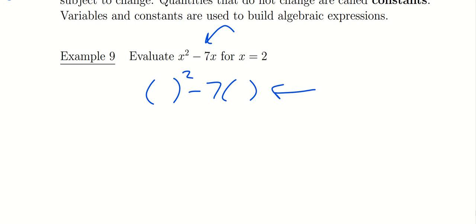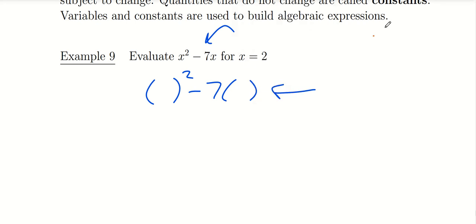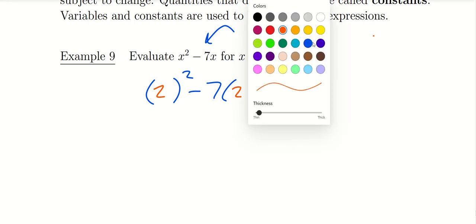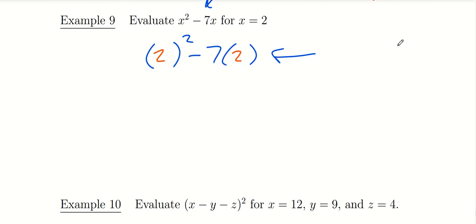And if I do that, then by putting those parentheses there, I now have a location to plug my value into. So everywhere I saw an x from before, I'm going to plug in the number 2. If you get into this habit, this substitution step will help you a lot, especially if you have things that have a lot of negative signs or negative values for the variable. Once it's plugged in, we just now need to find the value.